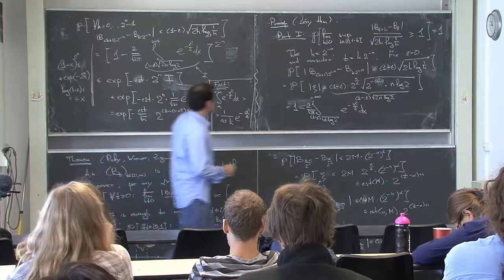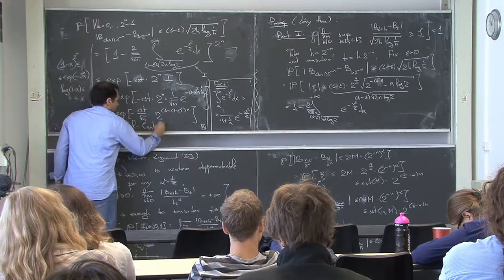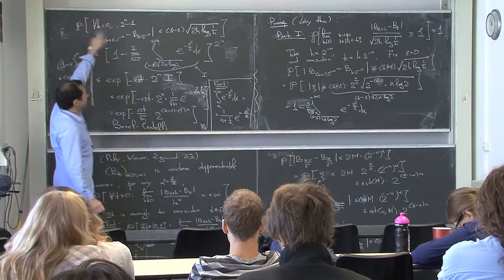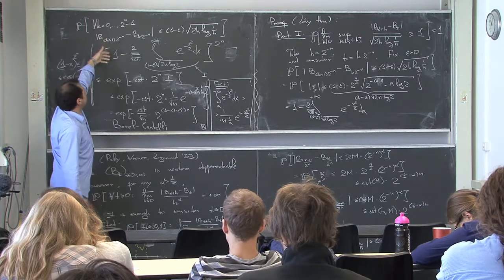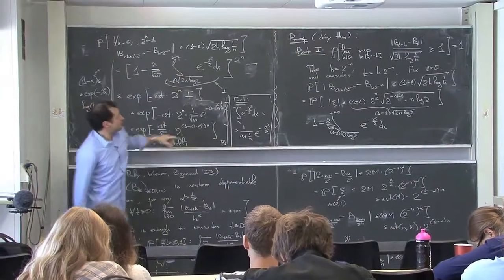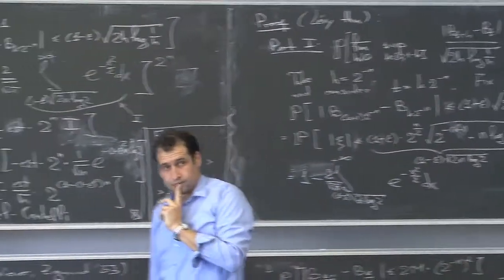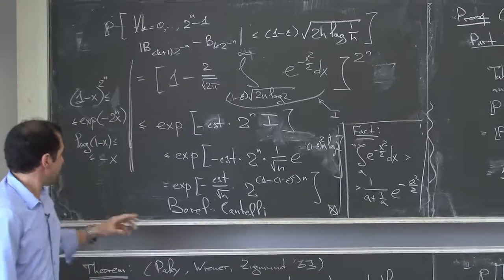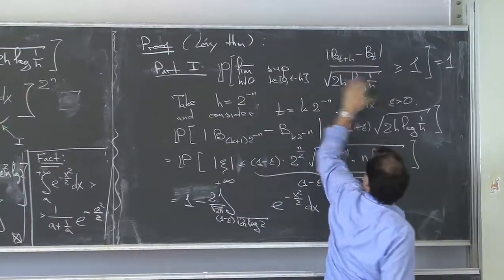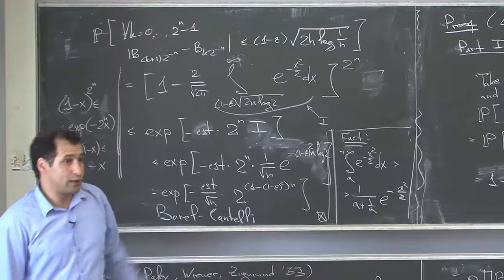So what Borel-Cantelli says, just to conclude in words, is that only a finite number of these events happens, meaning that starting with some number, at least for some k, this is greater than 1 minus epsilon, meaning that this limit is greater than 1 minus epsilon with probability 1.